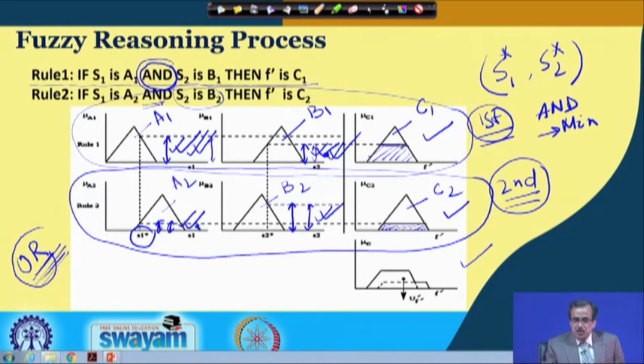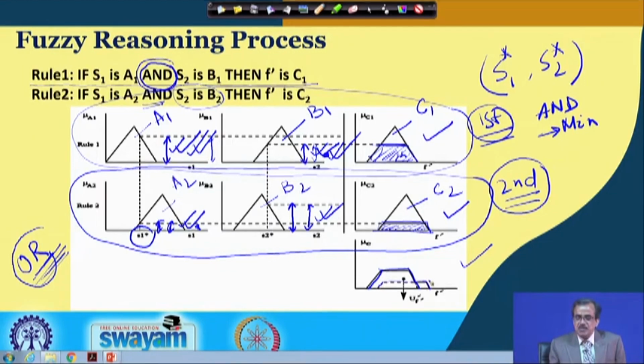So, what we do is we superimpose this particular shaded portion and this particular shaded portion, and we try to find out the maximum. For example, this particular thing I have copied here, and this shaded area I have copied here.